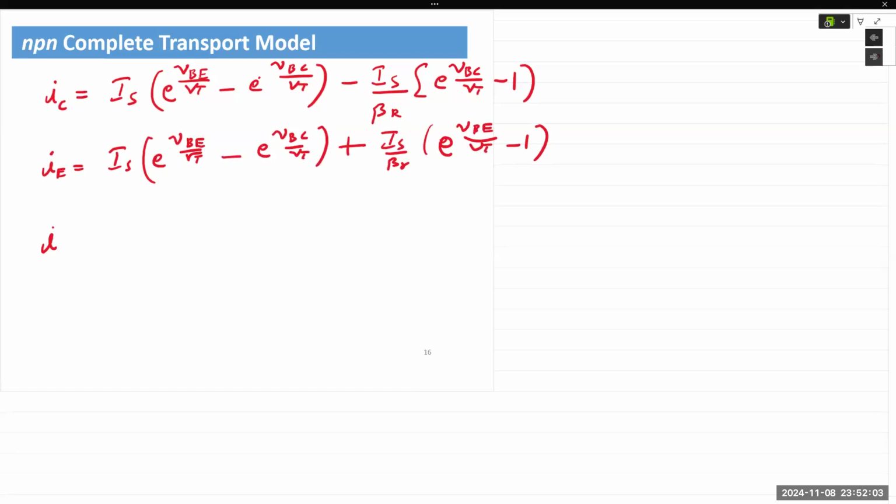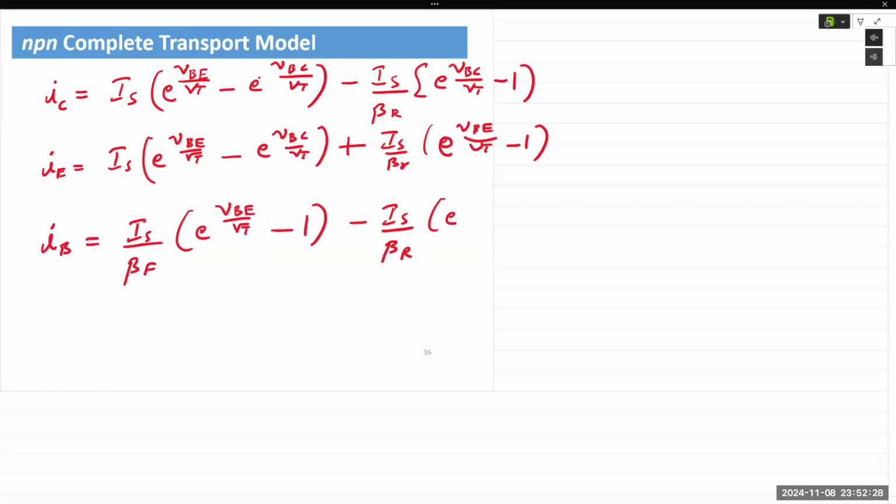And then finally, base current IB is equal to IS over the forward current gain beta F times e raised to VBE over VT minus 1, and then minus IS over beta R times e raised to VBC over VT minus 1.